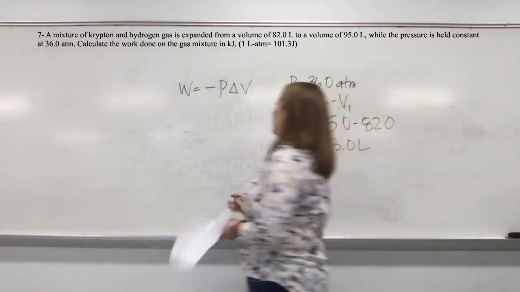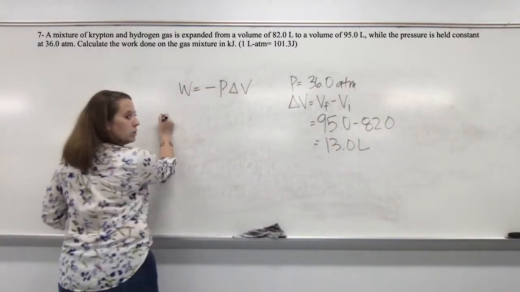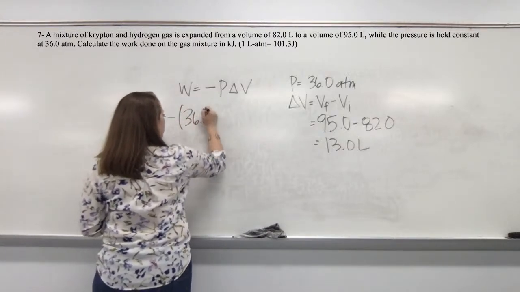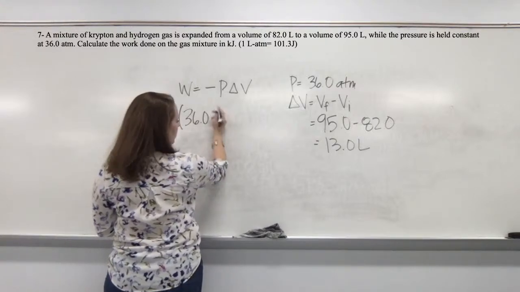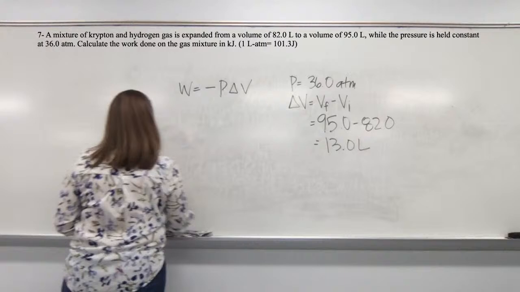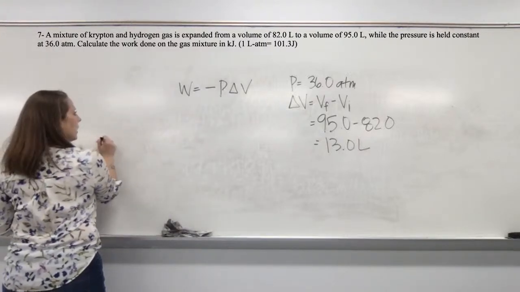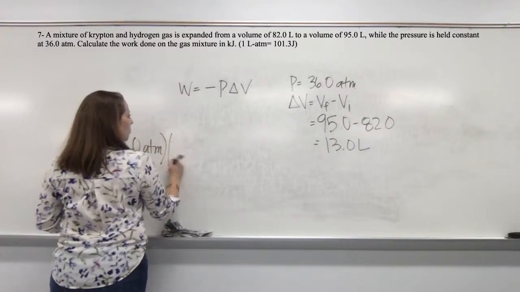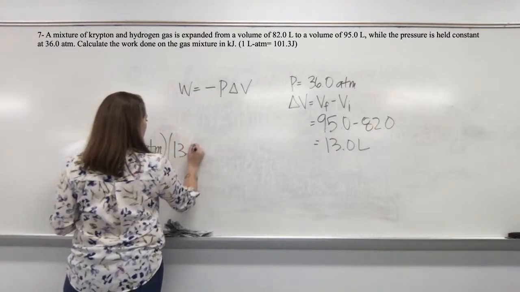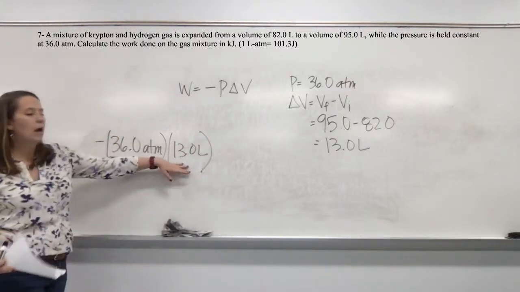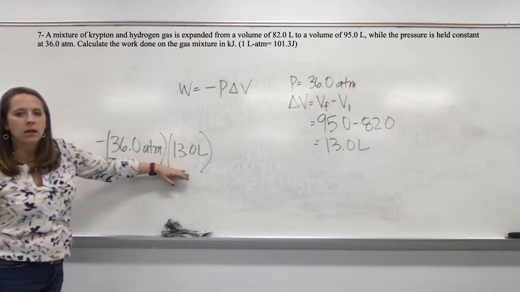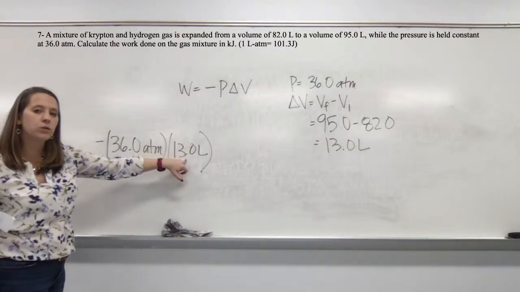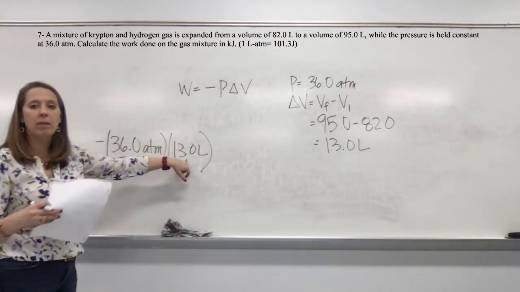So from here, we can plug it into our equation. So work equals, yep, still in the question, negative 36.0 atmospheres multiplied by the change in volume, which is 13.0 liters. Hold up, I gotta move over, I'm gonna run out of space. Now, if you multiply these two numbers together, it gives you work, but in the units of liter atmospheres. And it's asking for it in kilojoules. So we at least have to go somewhere past this.